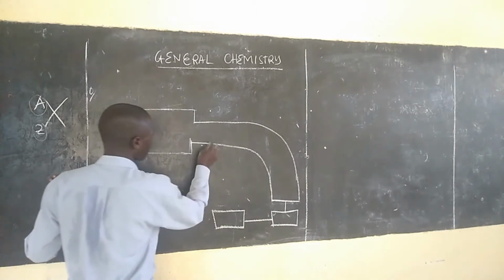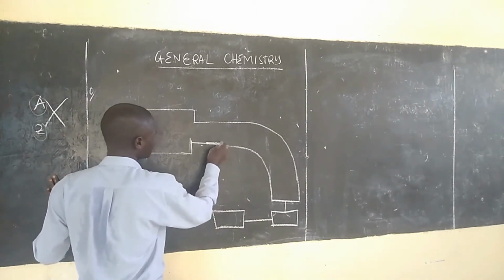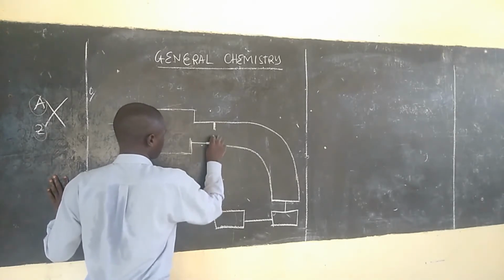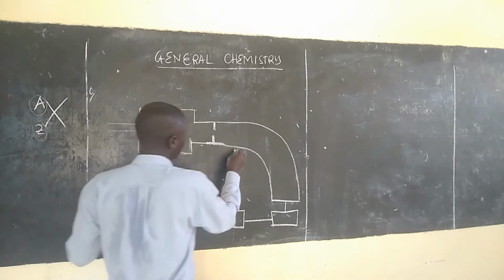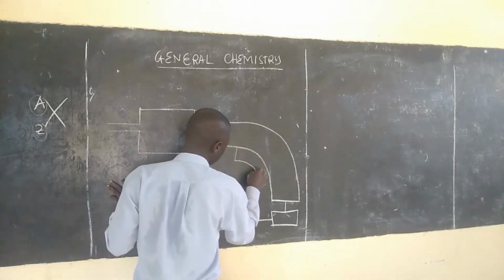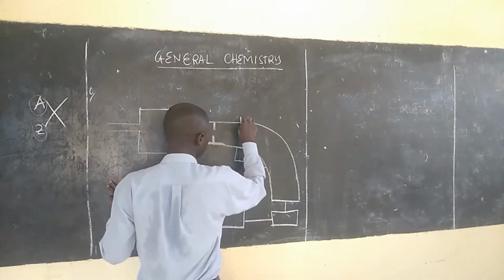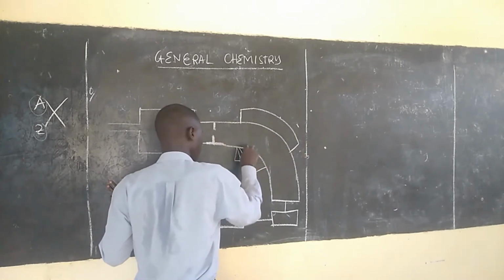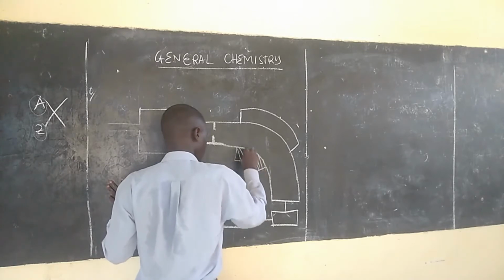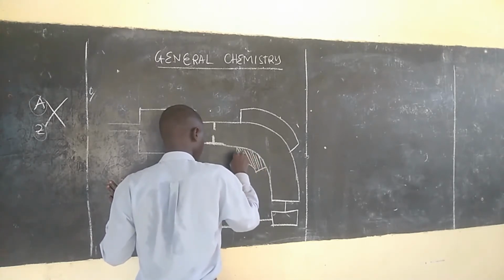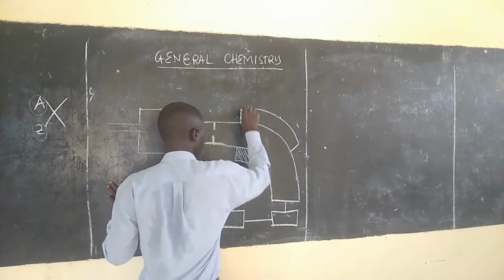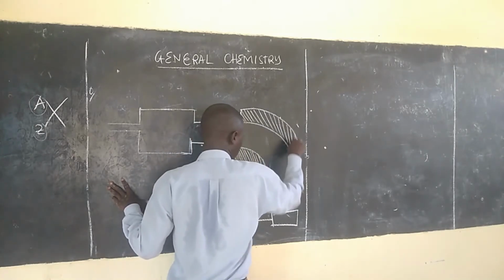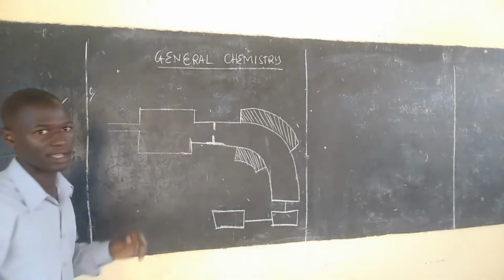So from here, I can draw here the accelerator, and then the deflection system consists of an electromagnet. And from here, it's like this way.